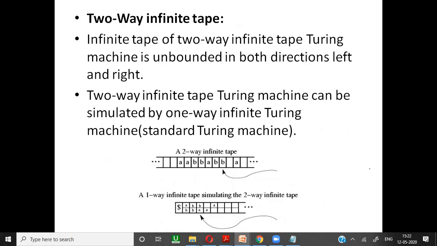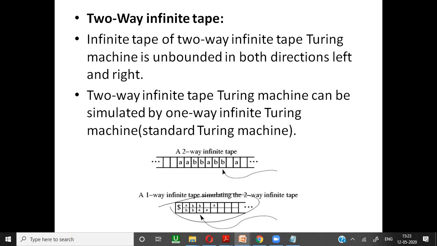Next, the two-way infinite tape. Generally, the tape is available on a single side, but there is a possibility of a two-way infinite tape, meaning both sides are open.